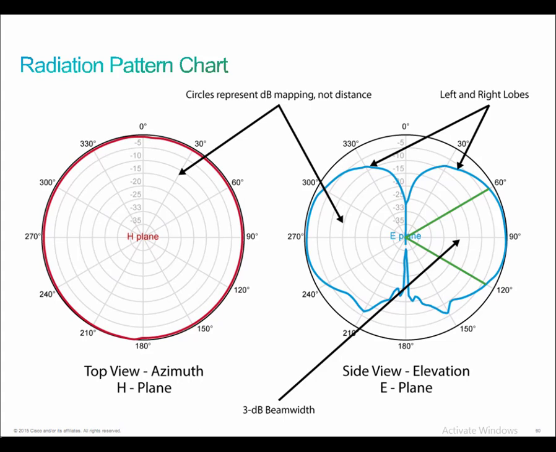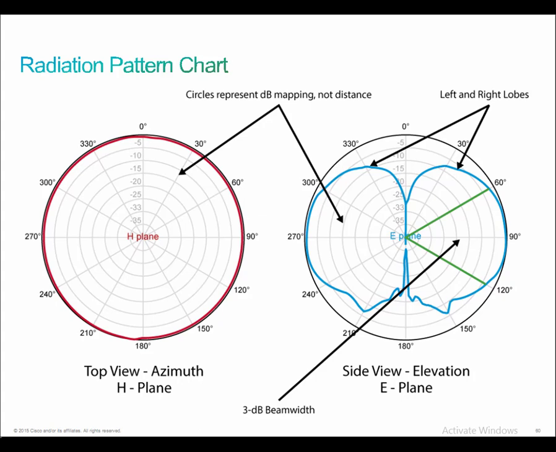So vendors take a reference point, which is usually chosen in the main beam of the field in front of the antenna, in the direction in which the signal is the strongest. That reference point is labeled as 0 dB. Okay? And all the other weaker points are drawn in relation to that reference point.